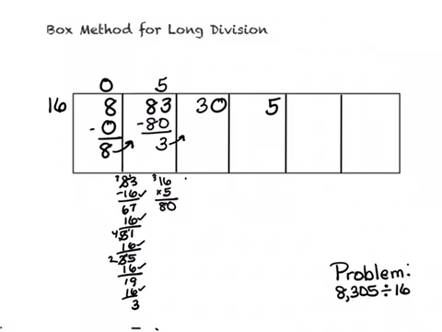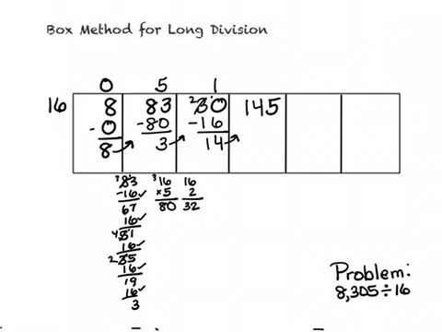So maybe they guess that there's 2 16s. And that's 32. So that's too much. And so what's your next guess? Of course, it would be 16 times 1. So there's 1 16 in the box. So that's going to take out 16. That leaves 14. So we have to carry that 14 out to empty the box.